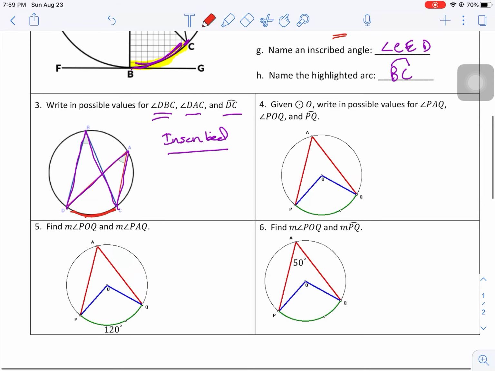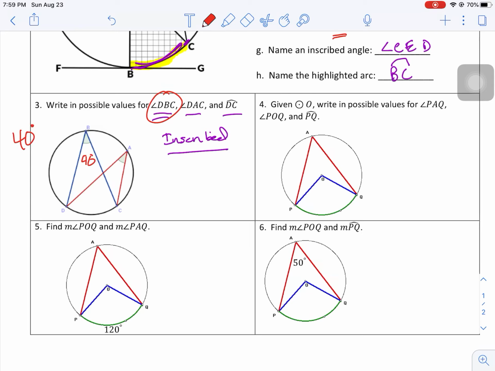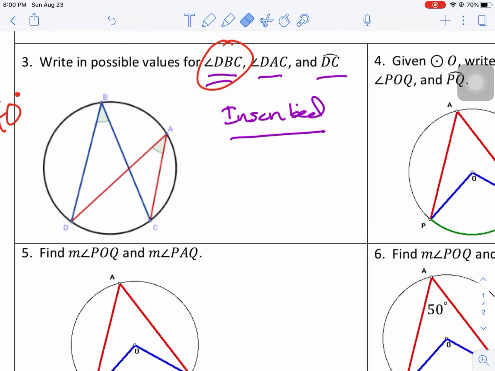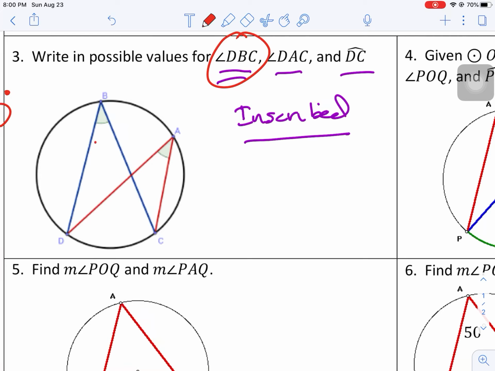All right. If you remember from Friday, or if you look back at your notes, this is a very important piece. We're going to just give a value, any value you want, to one of those three. Let's pick this one. Let's call it 40 degrees, right? 40 degrees. Let me write that a little better in there. 40.